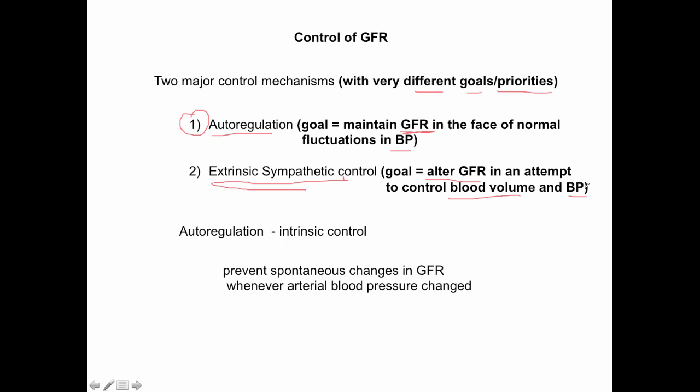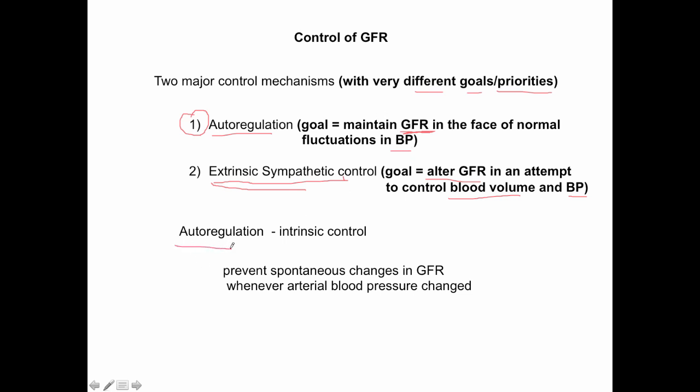So if you've lost blood volume and your blood pressure drops, your goal is to drop GFR so that you don't lose any more fluid. You're going to conserve fluid so that you maintain your blood volume and can recover blood pressure. So two very different systems with very different goals.